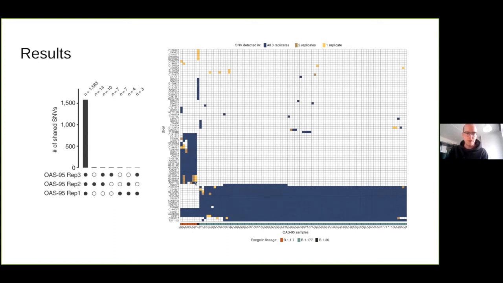And here on the left, there are 7 samples that actually were assigned the alpha lineage, the pangolin lineage B.1.1.7, which was at that point when we received the samples basically just starting to surface more and more. So we show that we can easily identify also these different lineages.